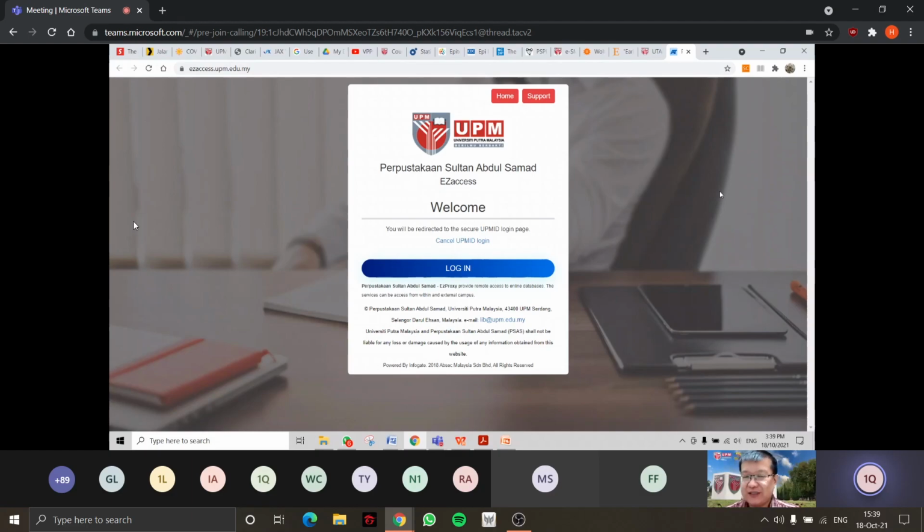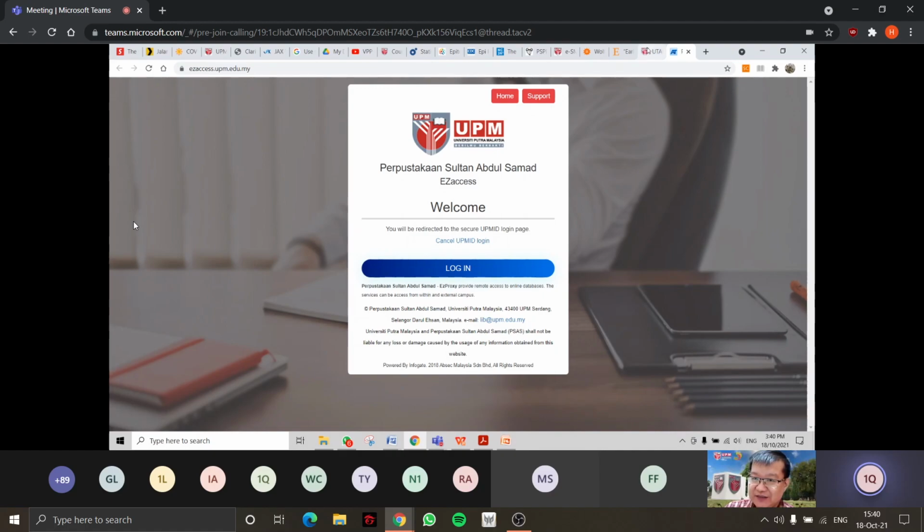This portal allows you to access journals subscribed by UPM and books bought by UPM electronically. You need not be in a library, but you can access it online anywhere as long as you have a UPM ID and the database is subscribed by UPM.